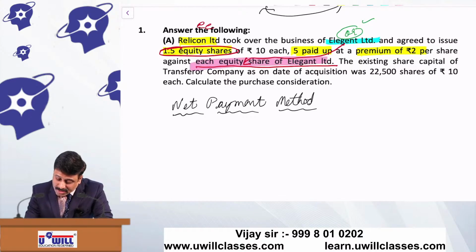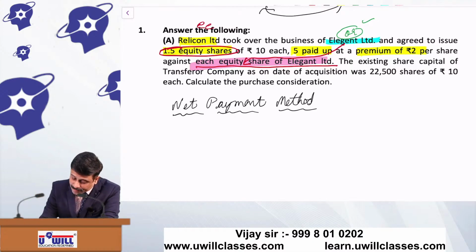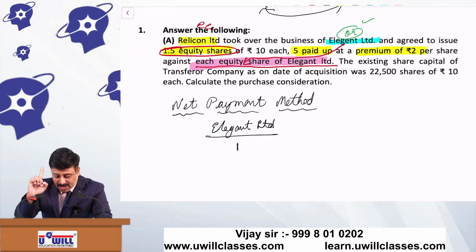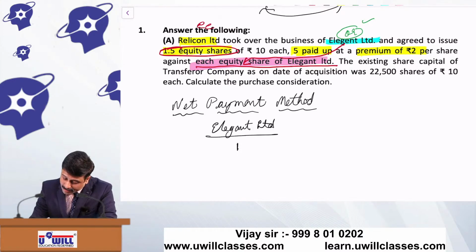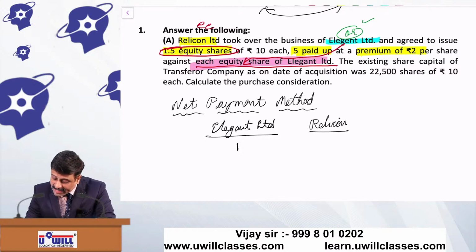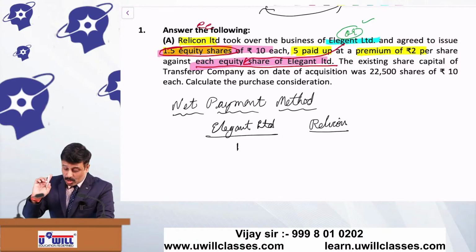This you take first. For each share means for one share of Elegant Limited, they will give you, now you take the first part, 1.5 equity shares of Relicon Limited.